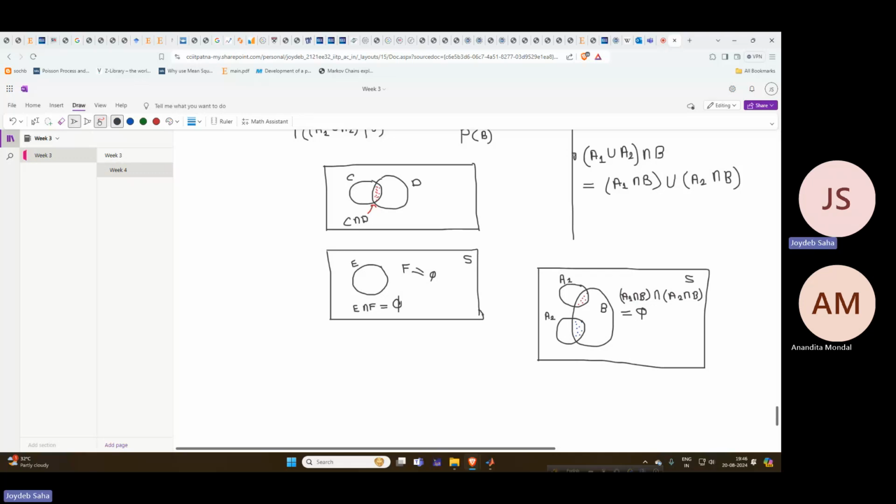Let us take a box here. These are some rough purpose, not this. I was hoping it was intersection, but no, it was union.